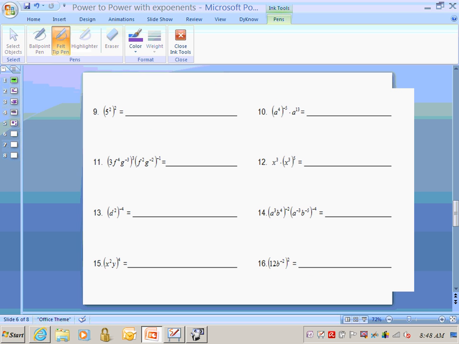Okay, let's go to number 14. You guys tell me. You want to flip it first? Okay, what do you want to flip first? 1 over a negative 6 to the negative, or 6, it's going to be positive.